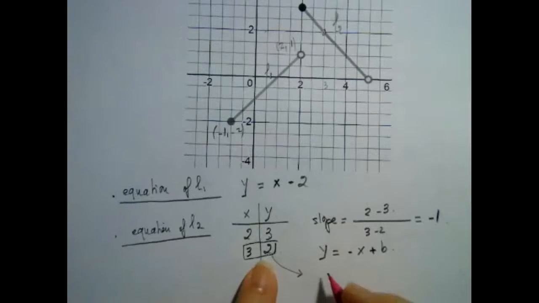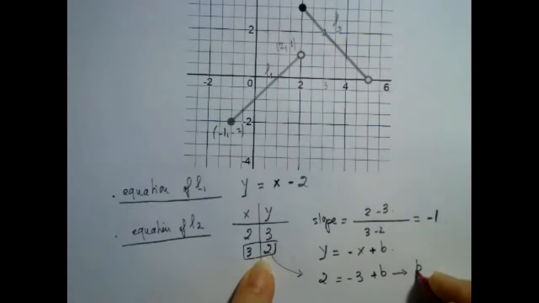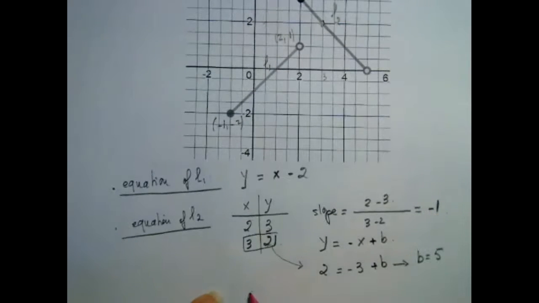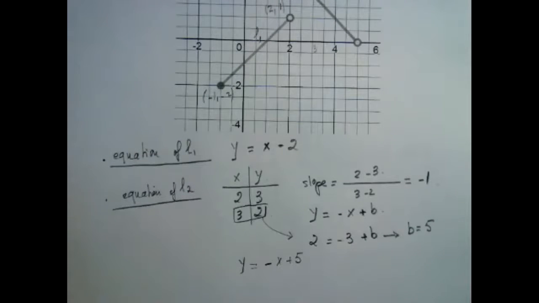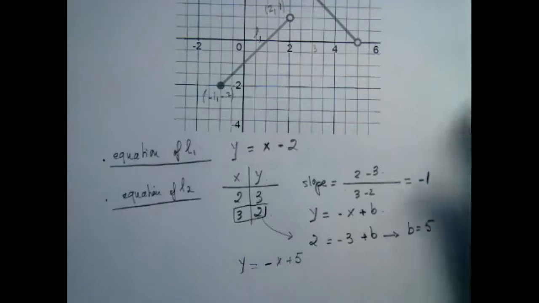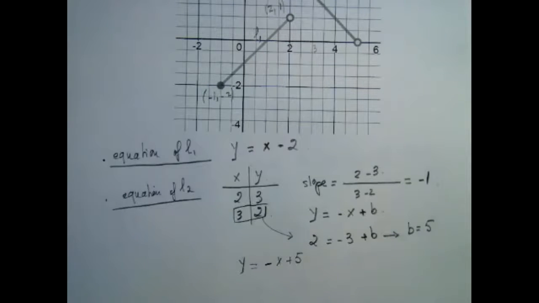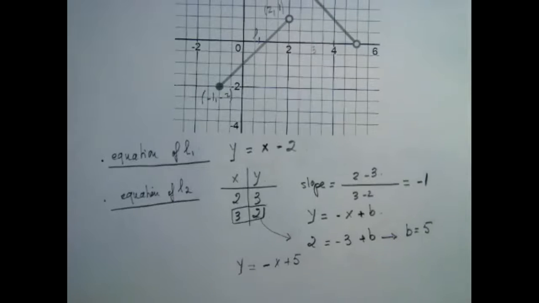It means if I plug in 2 for y and 3 for x, this should be satisfied. And this would give me that my b will have to be a 5. It means my equation is going to be -x plus 5. So that's the line L2. So it's a good review for how to find the equation of a line.